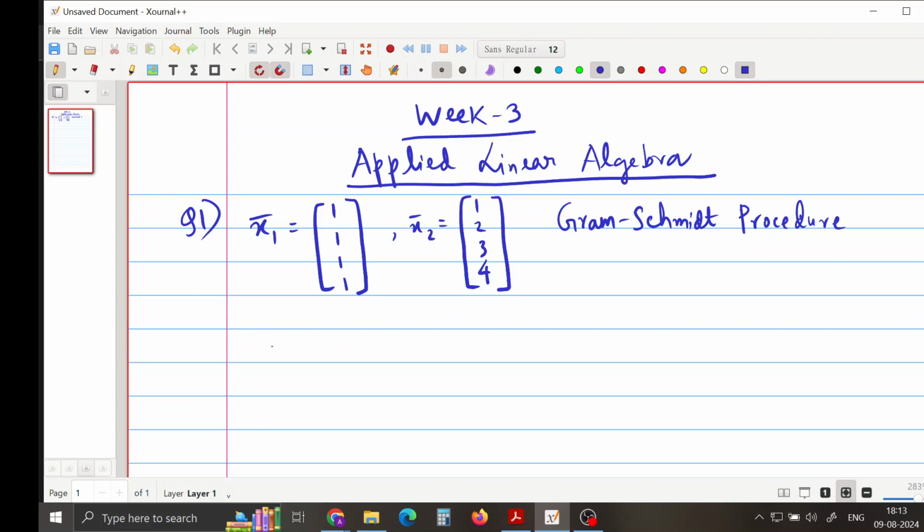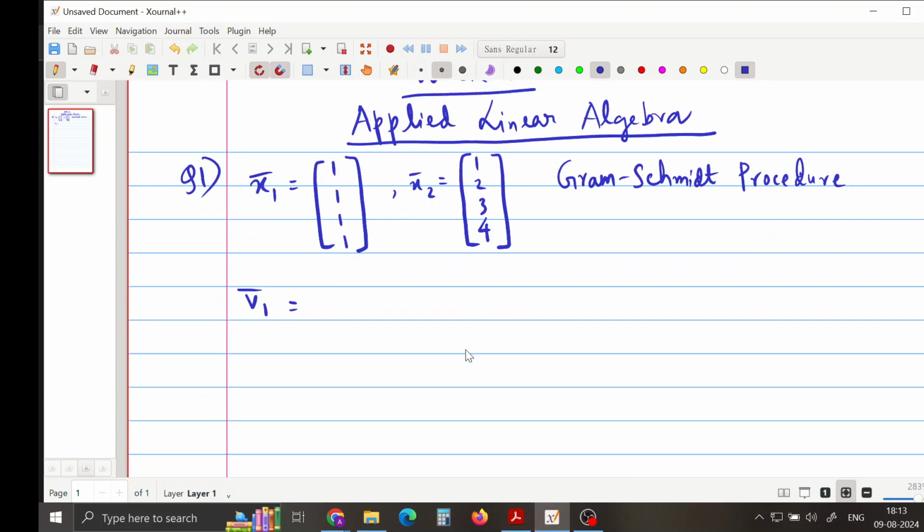As I said, the first vector is simple; let me call it v1. To get v1, you need to normalize the first vector, x1, so you divide it by its norm, correct? And what is the norm of x1?